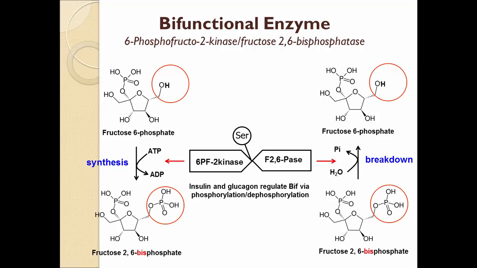And fructose-2,6-bisphosphatase catalyzes the breakdown of fructose-2,6-bisphosphate to reduce its concentration, and then to slow down glycolysis but increase gluconeogenesis, right? Does that make sense? Okay.